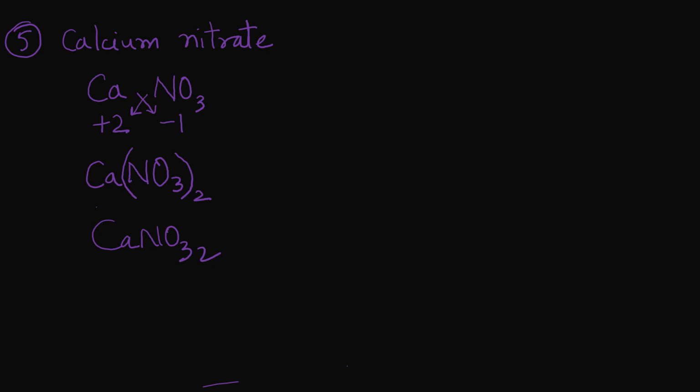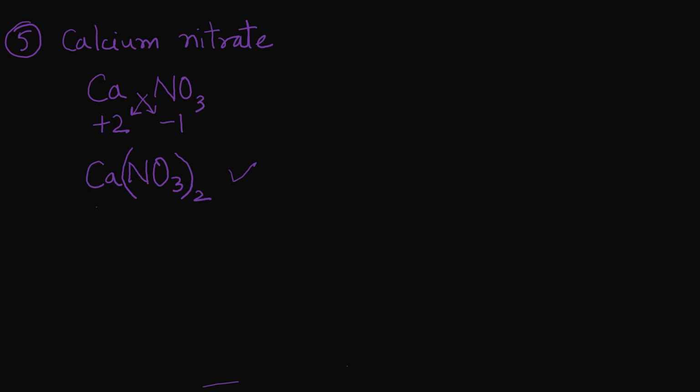And that's why the rule says that if the polyatomic ion is given and there is more than 1 polyatomic ion, we always bracket and then write the subscript. So this subscript 2 will be written after we put the nitrate ions in the brackets. If there was only 1, then we don't need to put the brackets. All right. So the correct way is to write this, not like this.